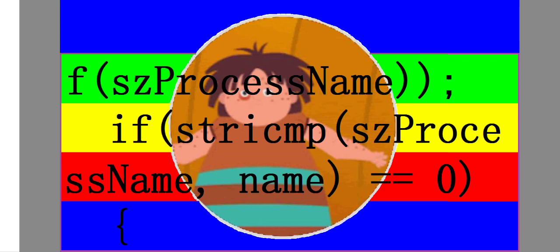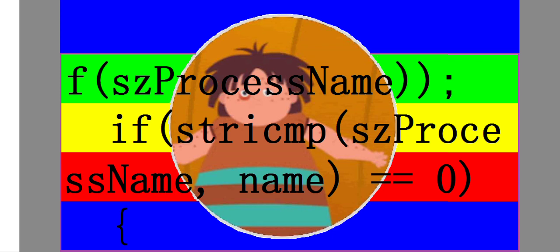If stricmp szProcessName, comma, name equal 0, semicolon, sizeof szProcessName, semicolon.